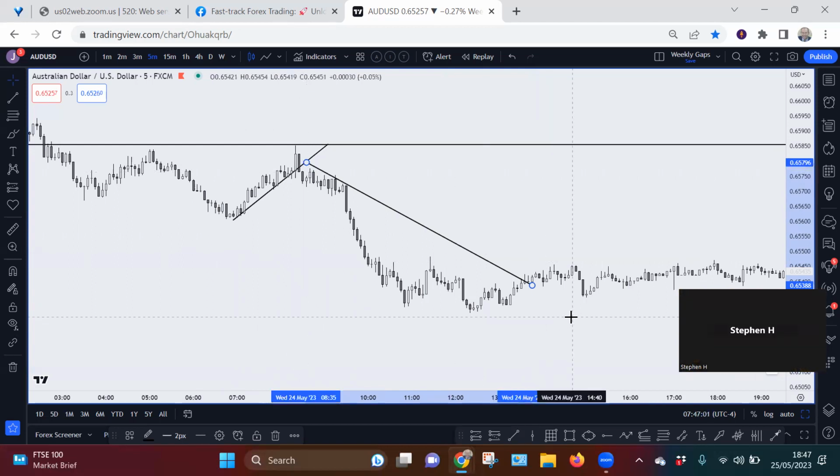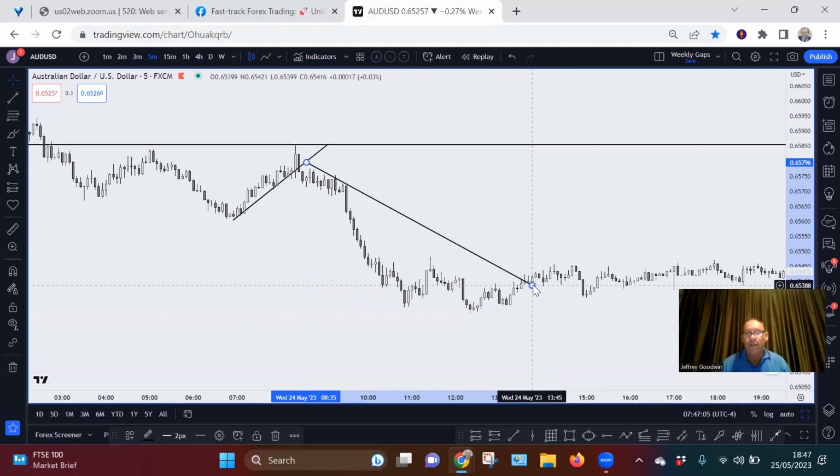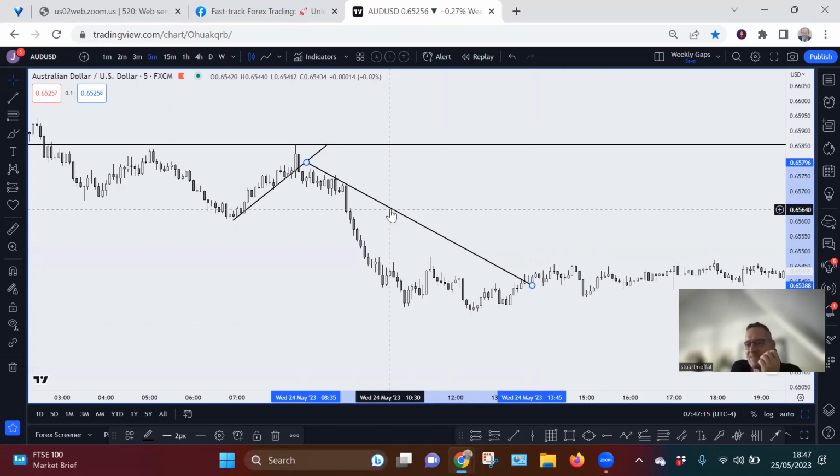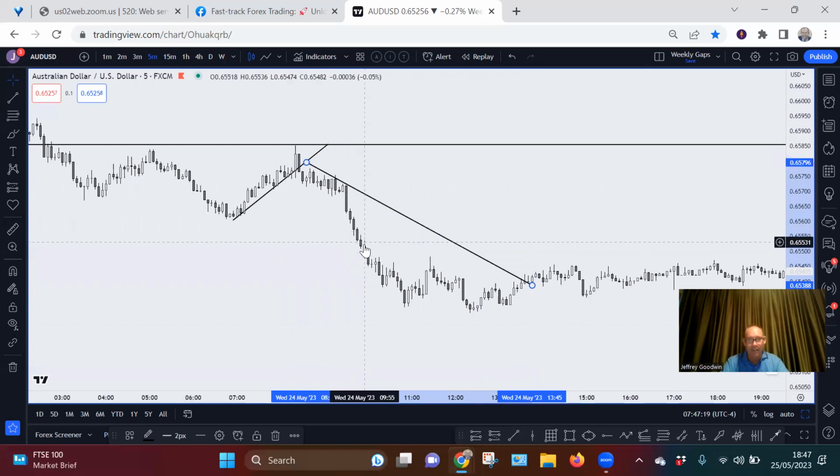Closer to scalping, yes. Once it starts flatlining, going sideways, just exit the trade.